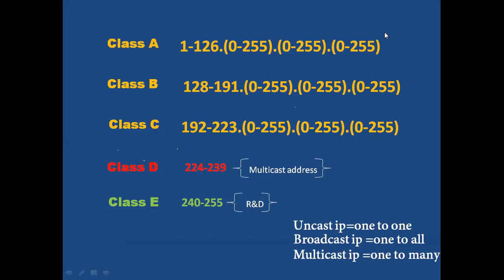This is also an IP address, right or wrong? Correct. So for class A, if you take any IP address between 1 to 126, that is a class A IP address. But the first number should be between 1 to 126. The next number, you can take any number from 0 to 255.